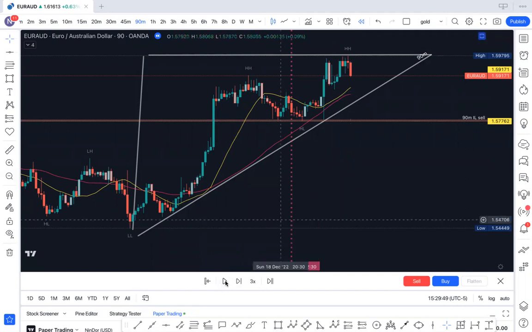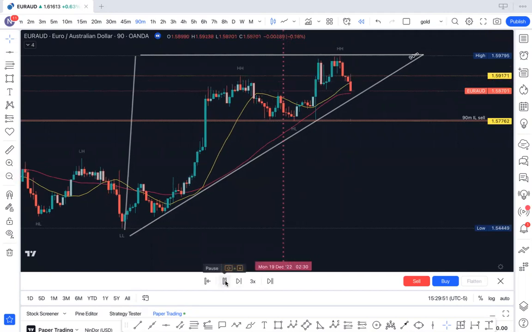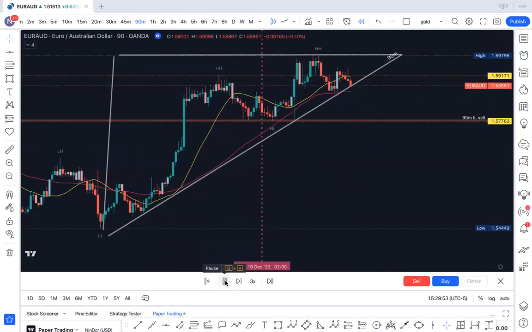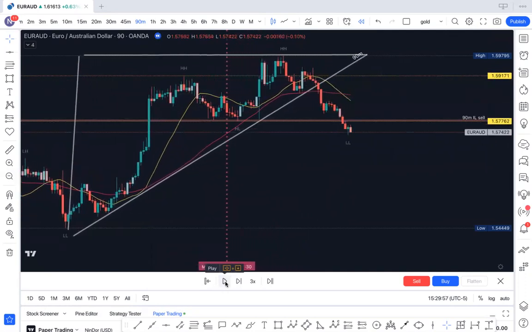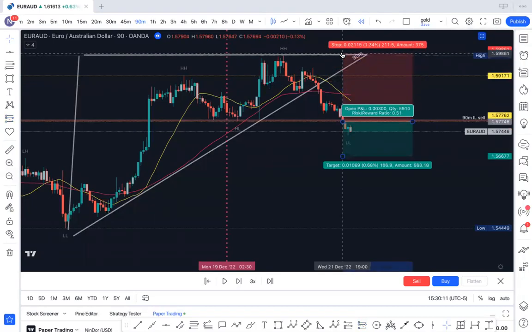I'm going to slow this down for a moment. All right, here we go. Okay, so as you see here, we have the close that has occurred right here. So what we want to do is enter the market for a sell at this level. Remember, I had mentioned the stop loss going at the base. This is where that stop loss will be.